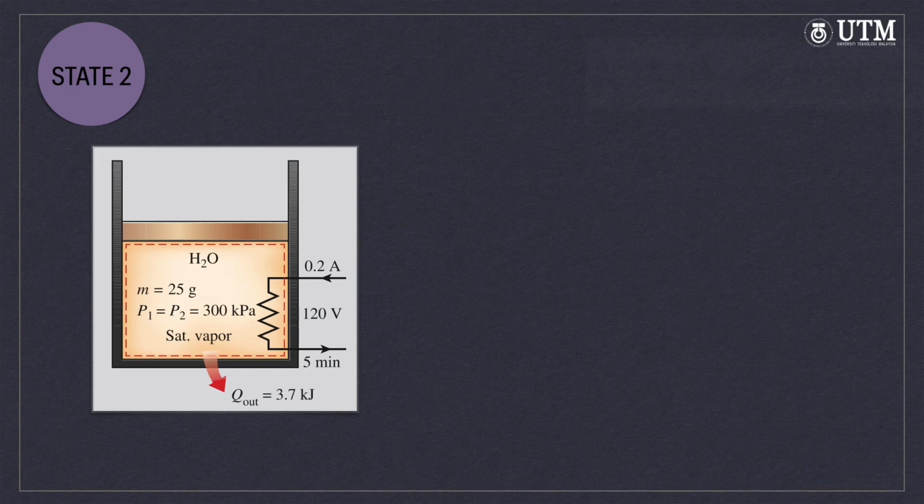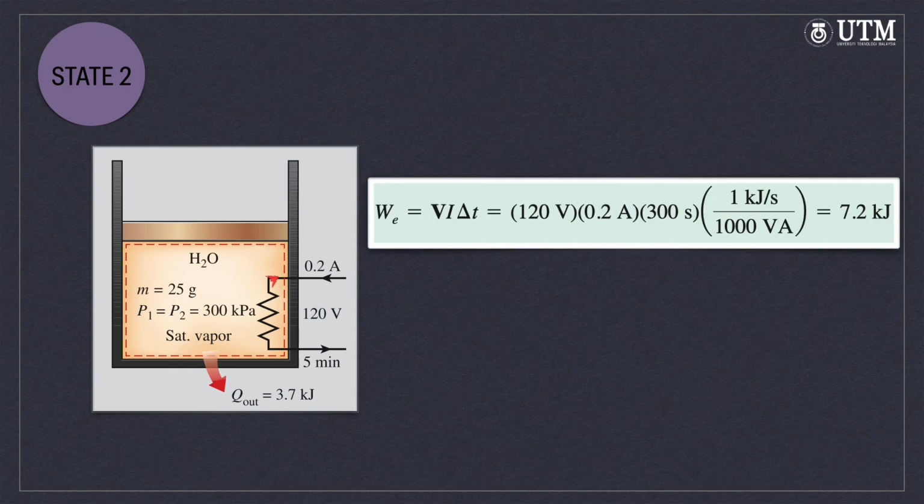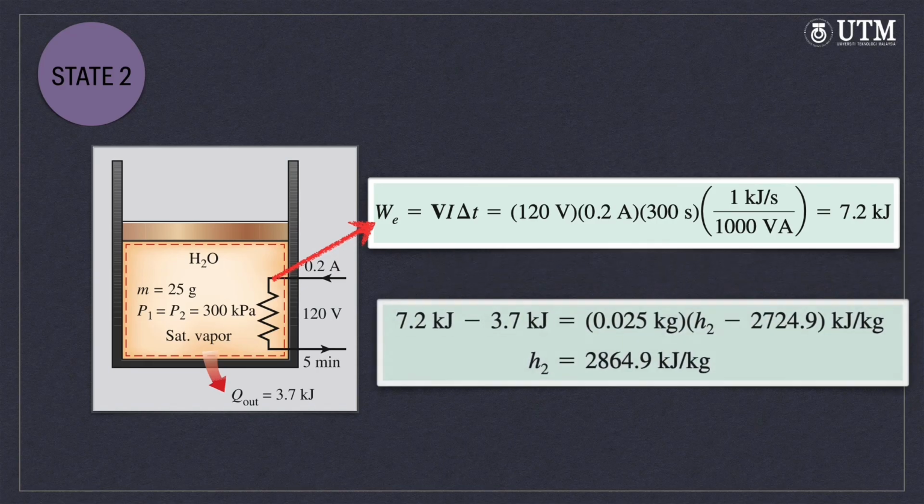Substituting the heat and work values into the relation, H2 becomes 2864.9 kJ per kilogram.